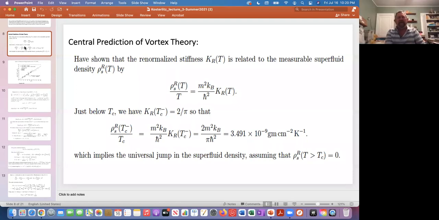If you like, you could say that the fugacity is basically e to the minus vortex core energy divided by kT. So you're already doing an expansion in something which is very, very singular. So in that sense it is non-perturbative.